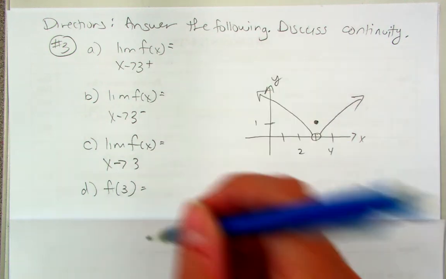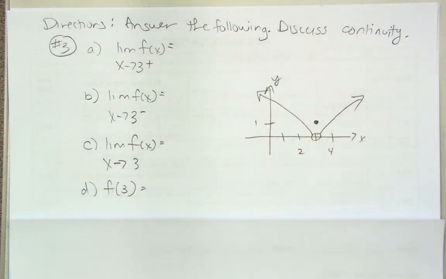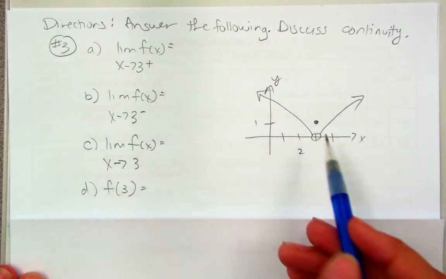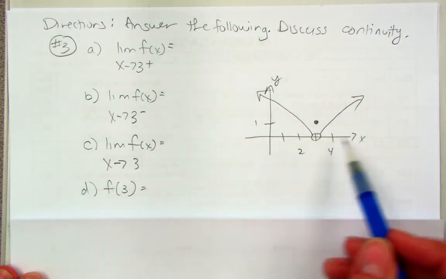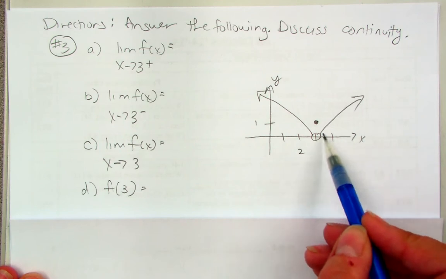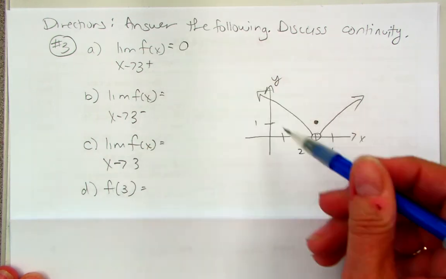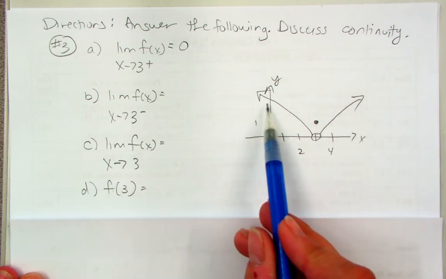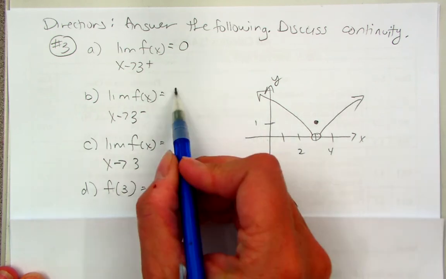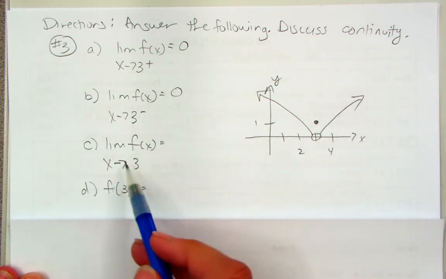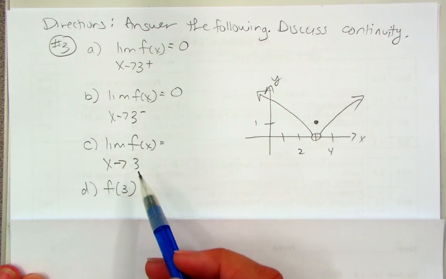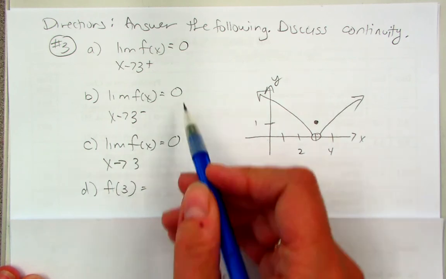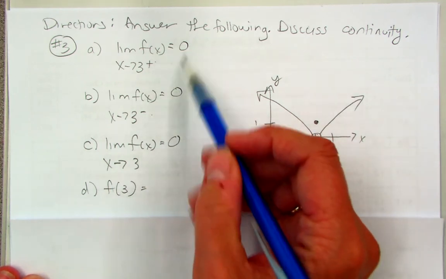So let's answer the following, and then we will do the next part, which is discuss continuity. The limit of f of x as x approaches 3 from the right: as I approach 3 from the right, that limit is 0. That's the y output. The limit of f of x as I approach 3 from the left, that's also 0. The limit of f of x as x approaches 3: well, it's 0 because from the right and from the left, it's the same output.